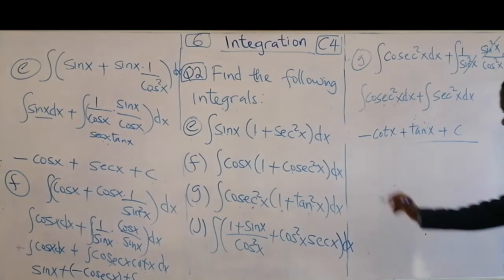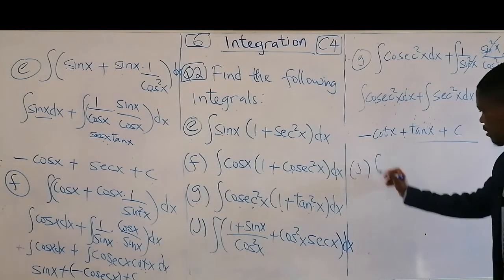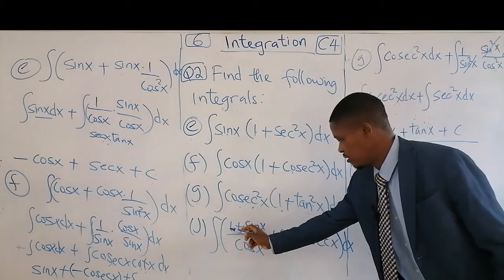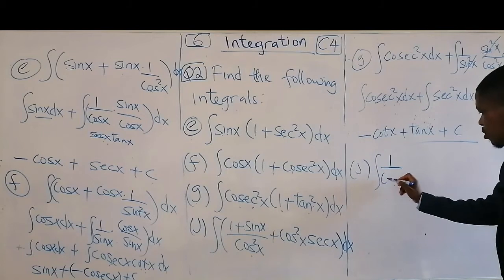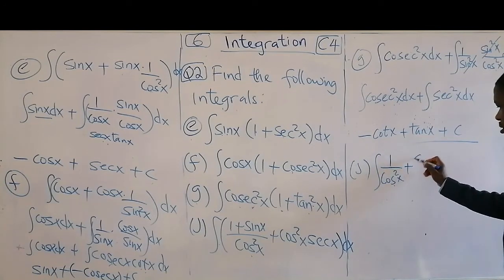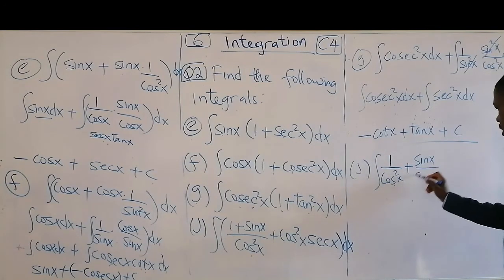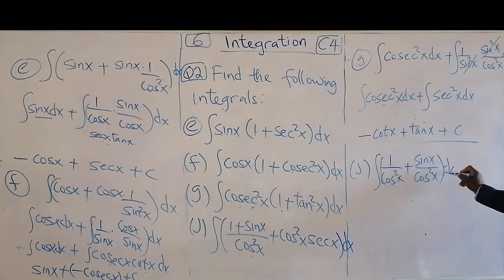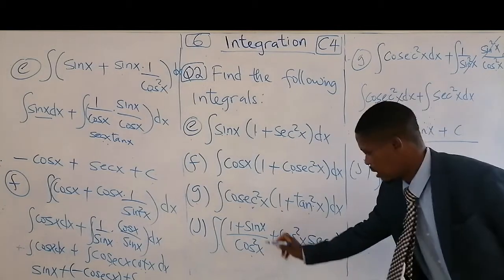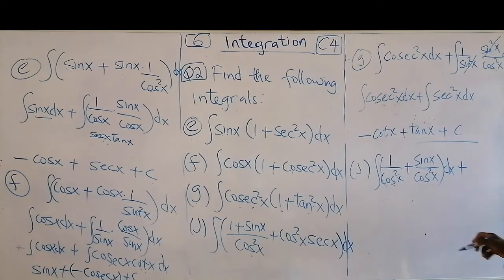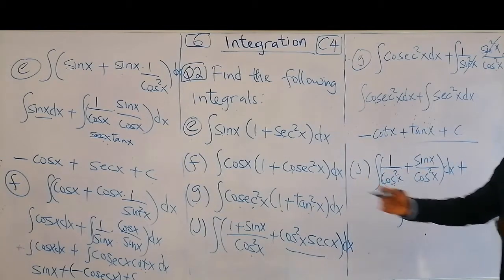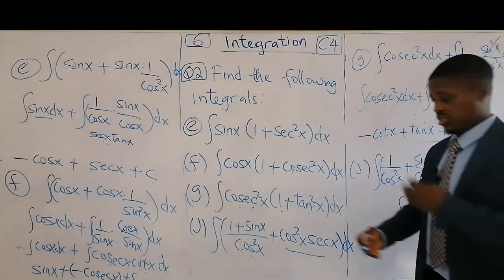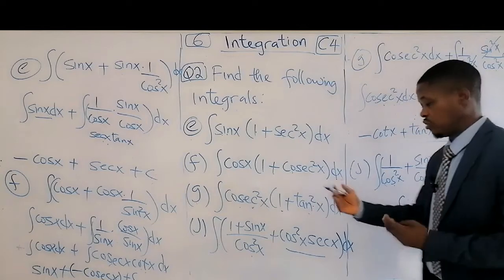Then the final one, the h. The simplification of this, when you have this plus this over this, the algebra will be 1 over cos square x plus sin x over cos square x, dx. So that's that. Then plus integral of these parts. Don't forget, integral of sum of functions is equal to integral of each of those functions.